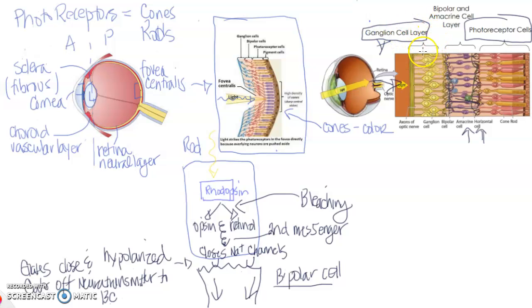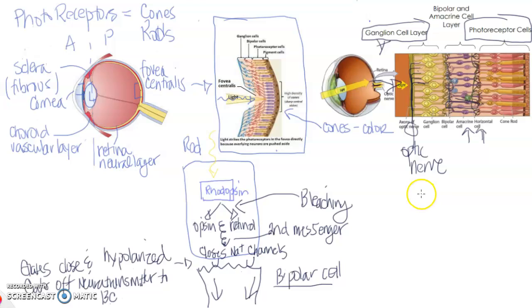So this layer here are the ganglion cells, which are basically bipolar cells themselves, but the action potential comes down here, and the axons converge together, and those axons become the optic nerve. So the action potential goes down the axons of the ganglion cells, which make up the optic nerve, and that goes into the brain over to the occipital lobe.